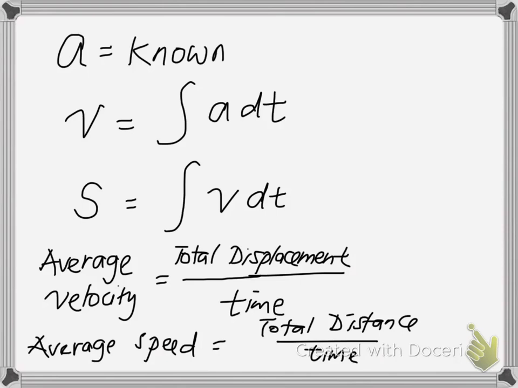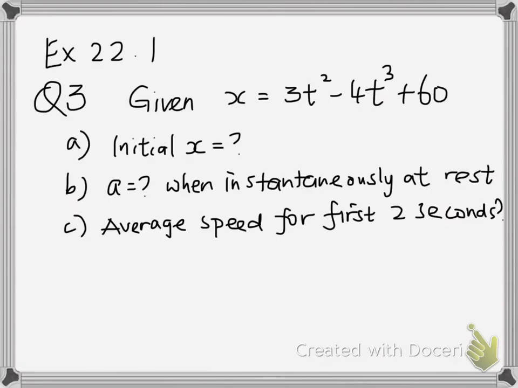Alright? So this is exactly that same question in the book. Exercise 22.1, question 3. Okay? Now, let's just try this. So you're given that x is this relationship, where x, as we mentioned, sometimes refers to displacement as well.